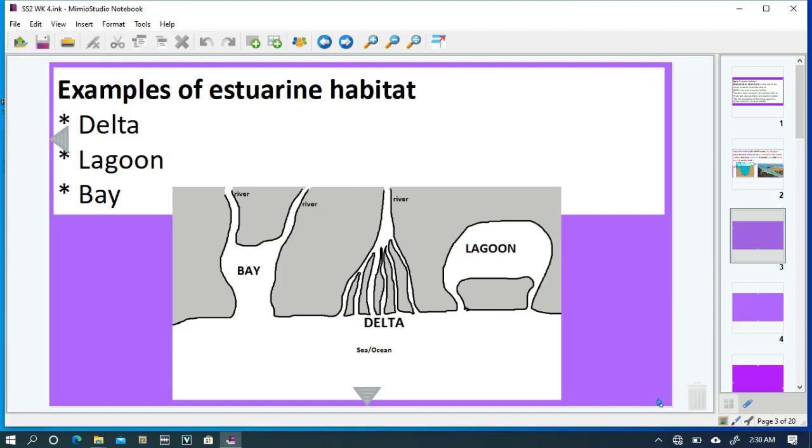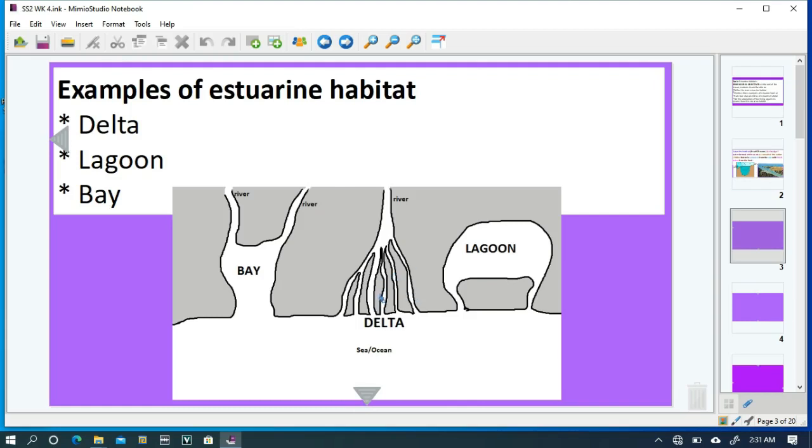A delta is where a river divides into many channels before entry into the ocean. It is formed at the mouth of the river as it enters the sea. The second example, lagoon, is a body of ocean water that enters into the land through a canal, and the water mixes with fresh water from rivers and streams.